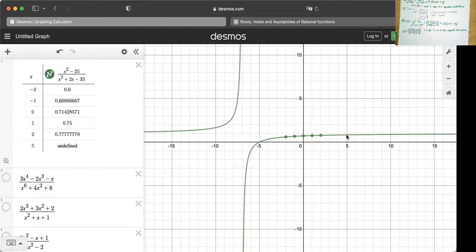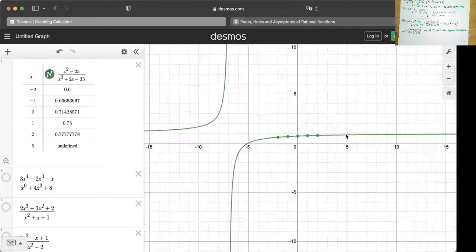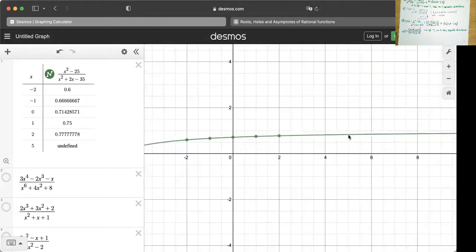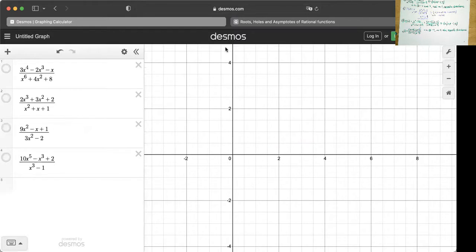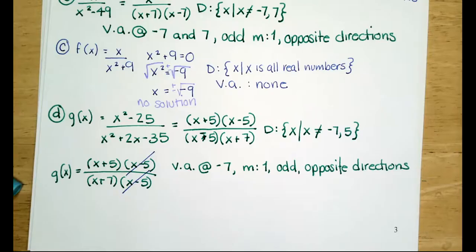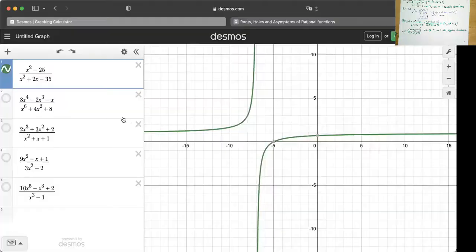So right here on this graph, at x equals 5, hold on. All right, sorry. I think that because I set up that chart, you couldn't let me.